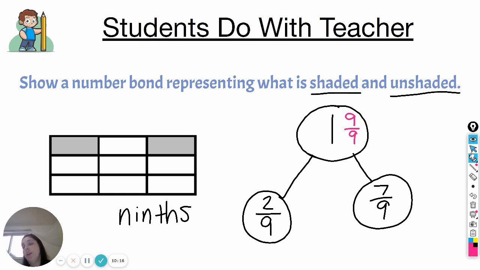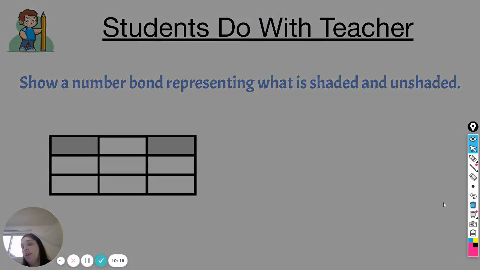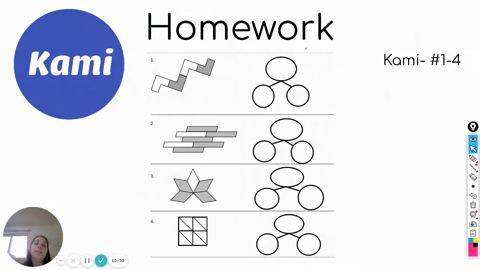Okay, let's take a look at what you're going to be doing on your own today. It's going to be a homework assignment. You're doing numbers 1 through 4. It should look just like this. They're different shapes, so they don't look exactly like our fraction strips, but you can count how many pieces there are all together. And then you're going to be labeling the shaded fraction and the unshaded fraction.